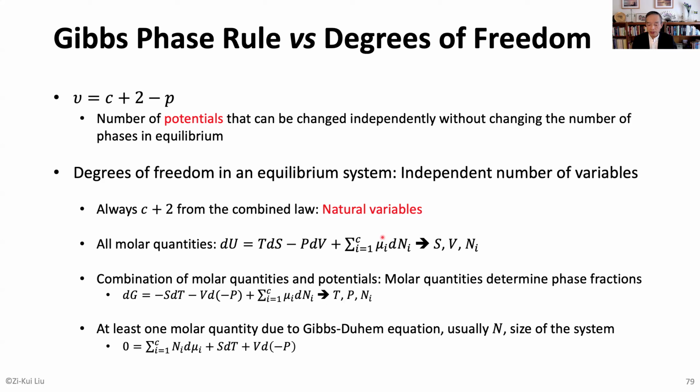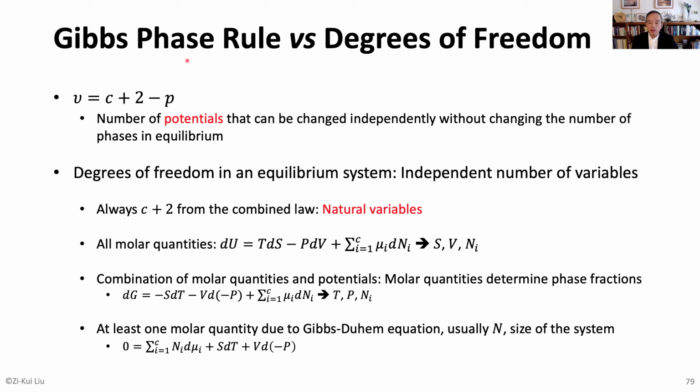That's because of the Gibbs-Duhem equation, which says that in an equilibrium system, potentials are related. If it's homogeneous, it's one equation; if you have P phases, there will be P such equations. So we need at least one molar quantity as an independent variable; usually we use the size of the system.